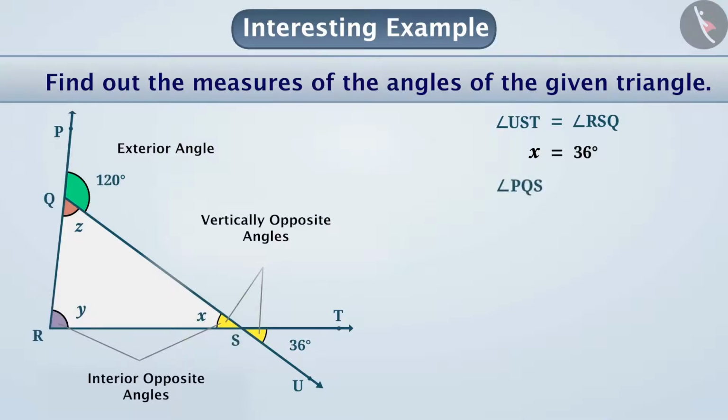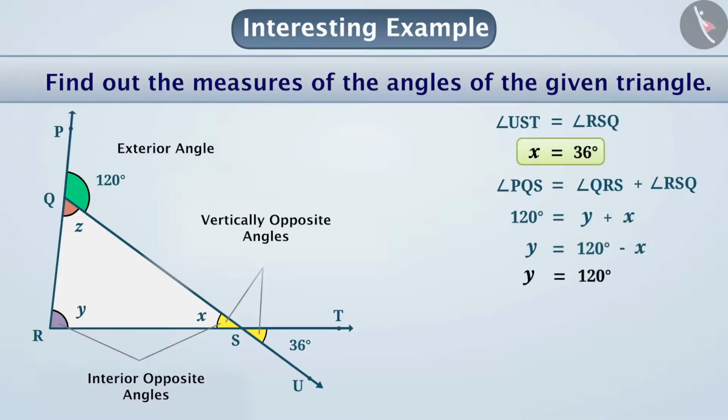Therefore, angle PQS is equal to angle QRS plus angle RSQ. That means 120 degree is equal to y plus x. That is, y is equal to 120 degree minus x. Since x is equal to 36 degree, therefore y is equal to 120 degree minus 36 degree is equal to 84 degree.